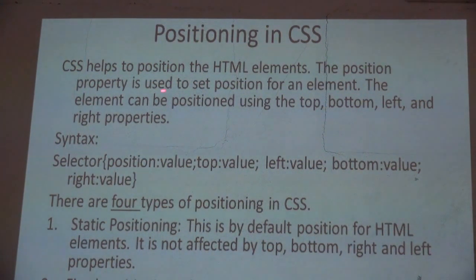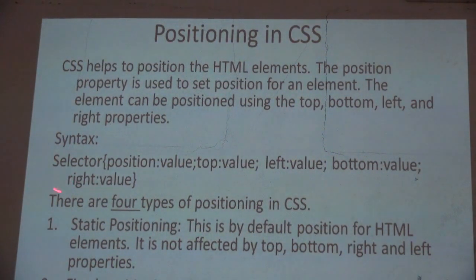The element can be positioned using the top, bottom, left and right properties. We can use any one of the properties, or we can use two properties simultaneously. The syntax for this is selector, position value, top value, left value, bottom value, right value.